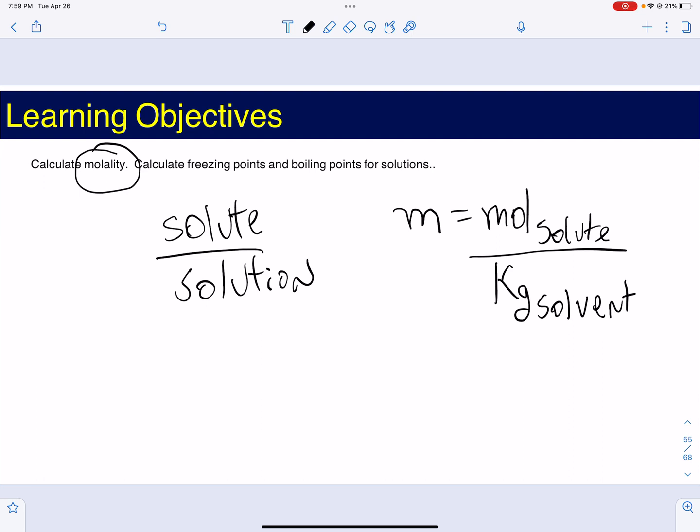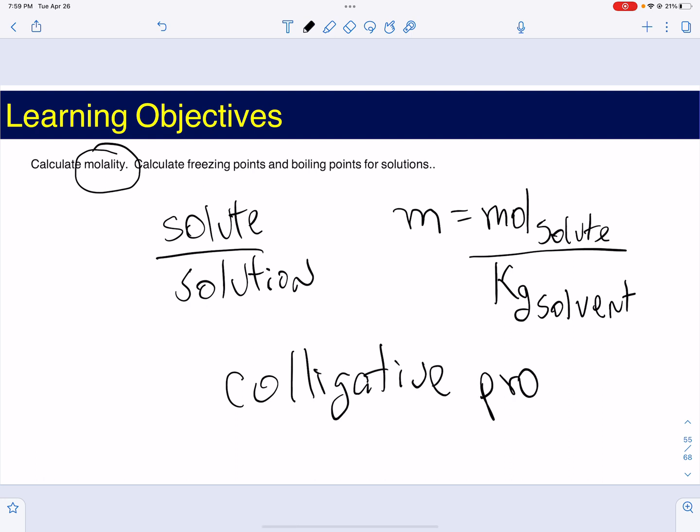And we're going to call those colligative properties. So colligative properties are changes that the solvent suffers in its properties because you added a solute to it. And all that is based on intermolecular forces.